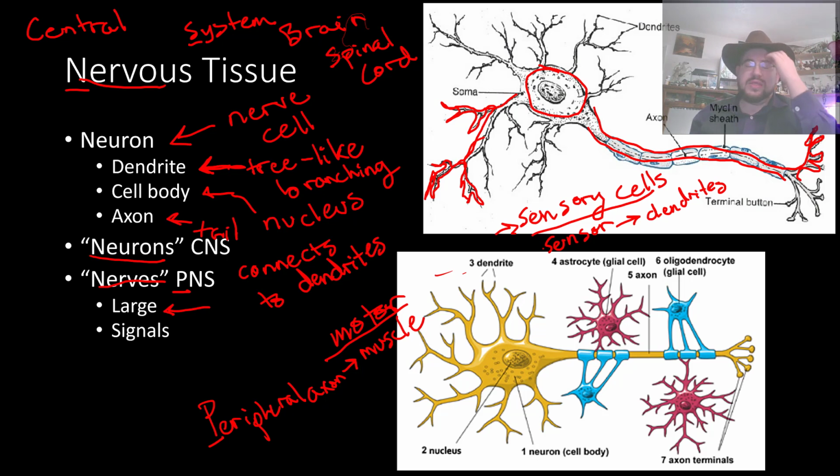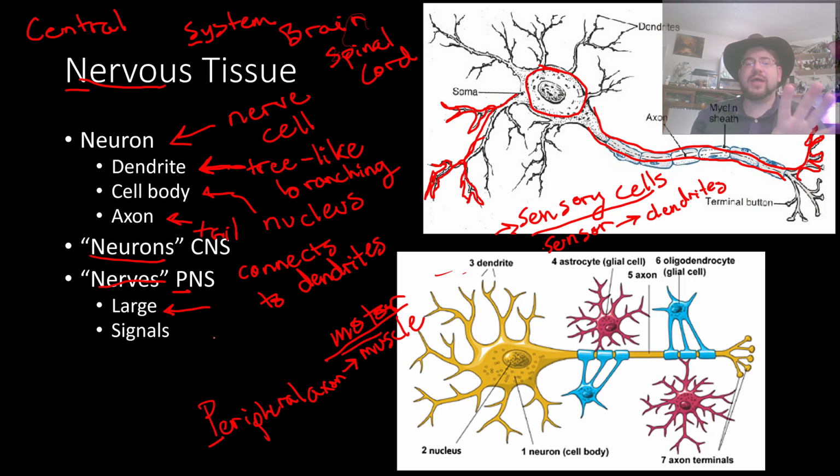The brain then sends the response down the spinal cord, where it connects up to dendrites of neurons or nerves that will take the response information to the muscles. So it's kind of a cool thing.